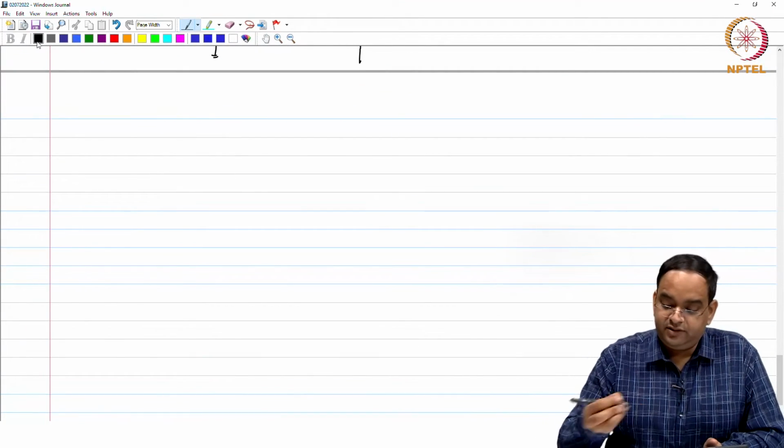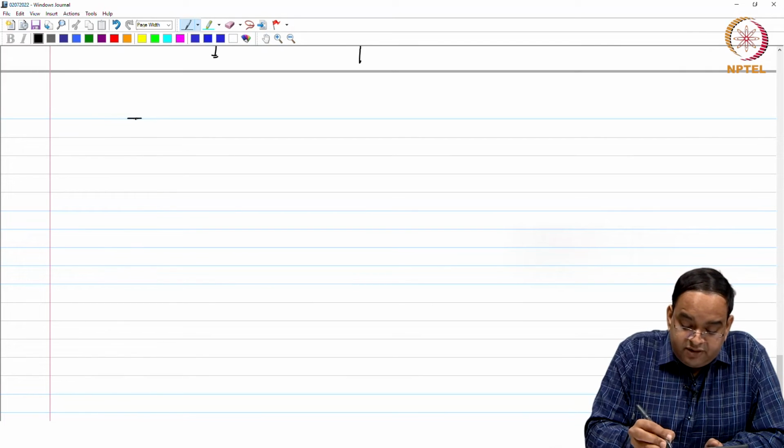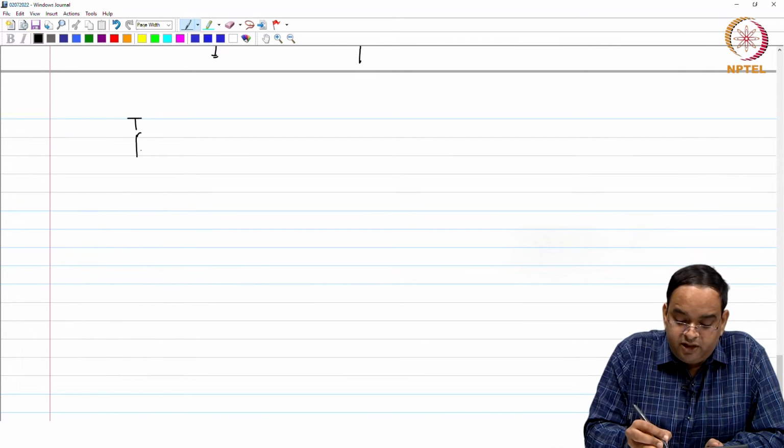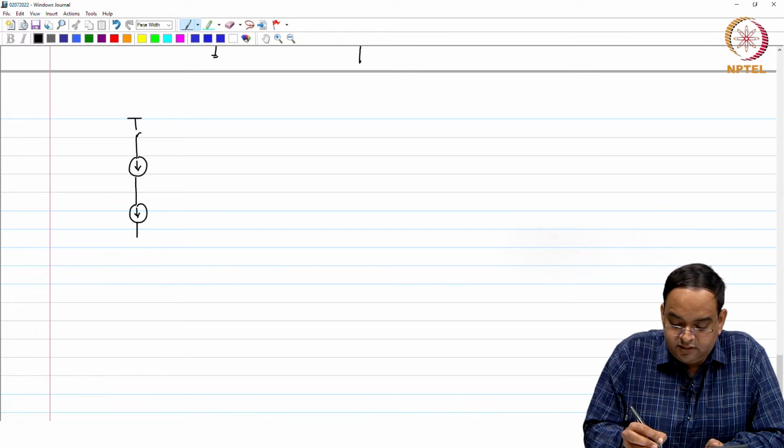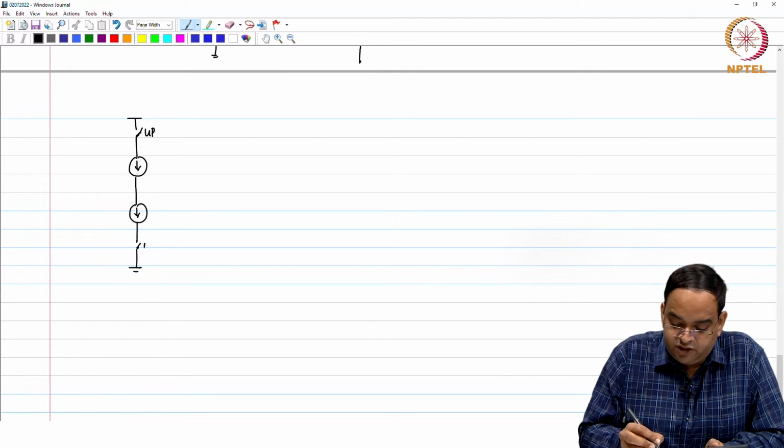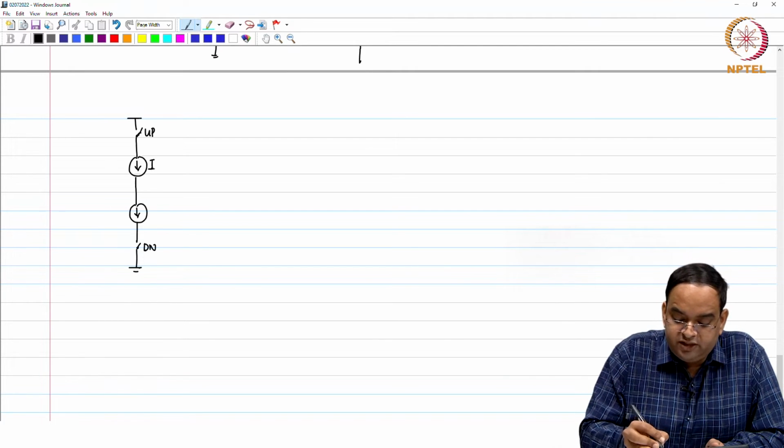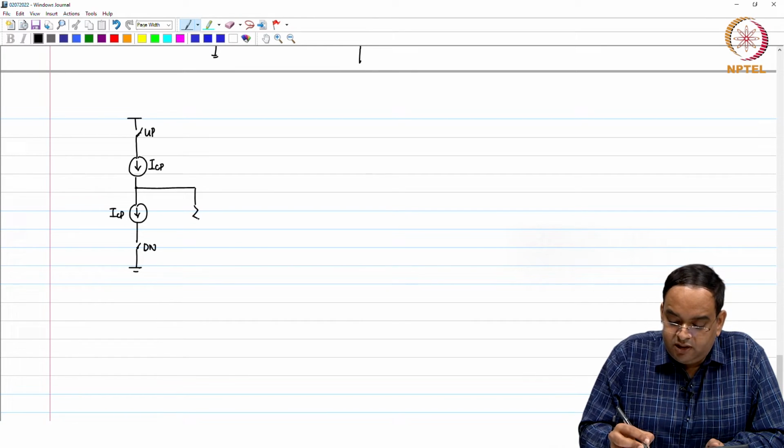In contrast, you have a current based implementation where you again use two switches with two current sources like this. Okay. So, you have this switch controlled by up, this switch controlled by down, both the current sources are equal, and this is getting connected to the loop filter.